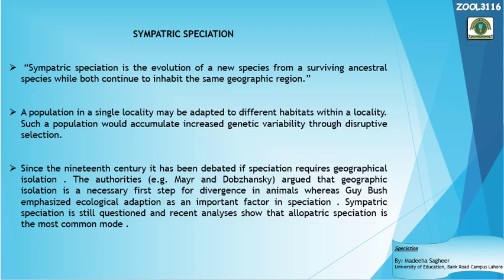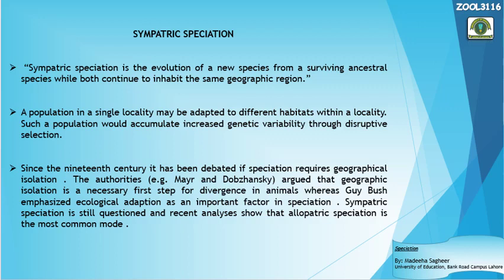So what happens in sympatric speciation is that individuals of the population inhabit different habitats while being localized in the same locality. With the passage of time, they develop genetic variability, and ultimately they develop into a new species.